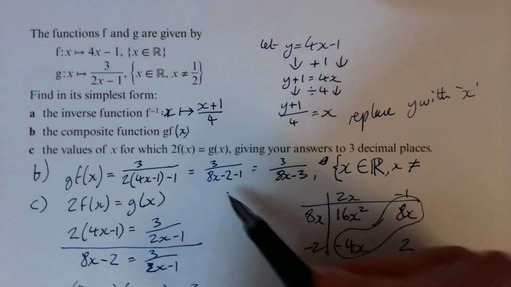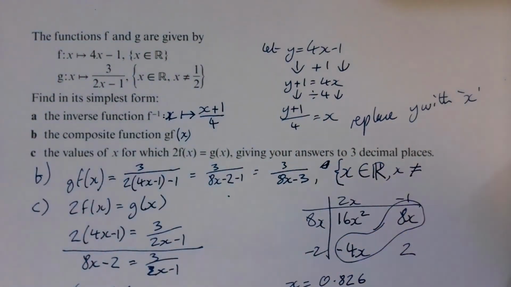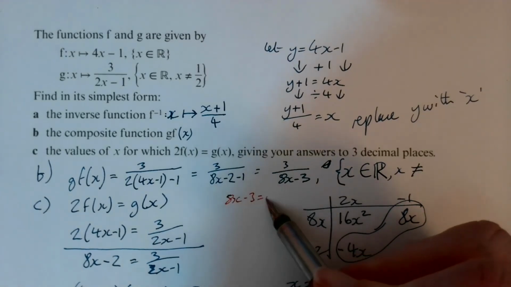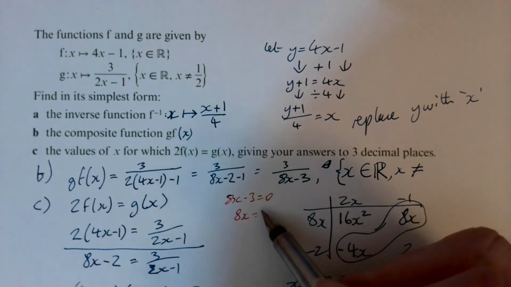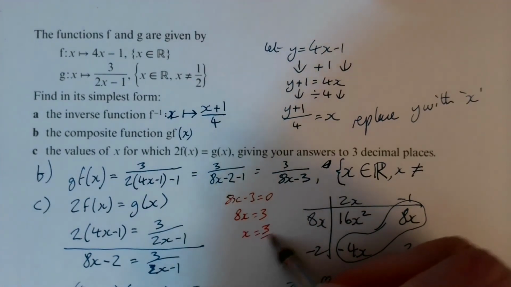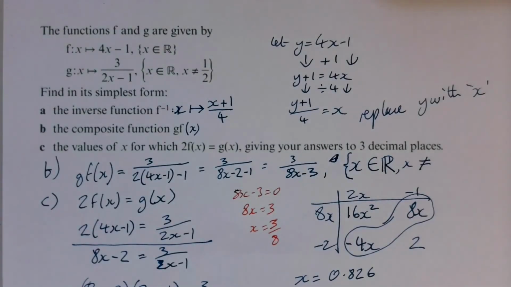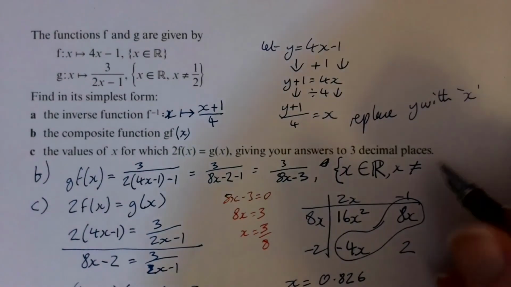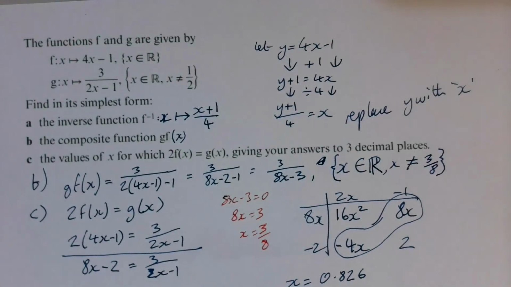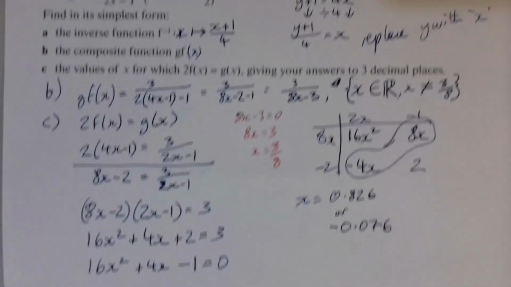So if I've got 8x take 3 equal to 0, 8x would equal to 3. If we add 3 to both sides, x would be 3/8. So for that reason, we've got to put x cannot be 3/8. And if you don't pop that in there, you're going to lose a mark. So that bit is important.